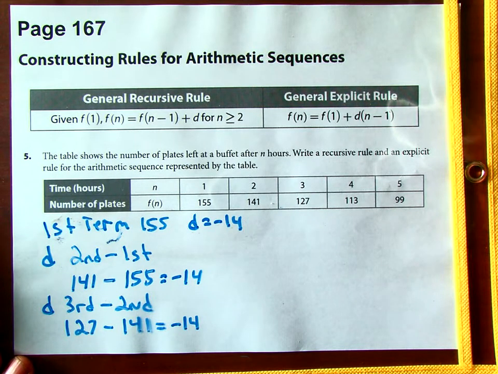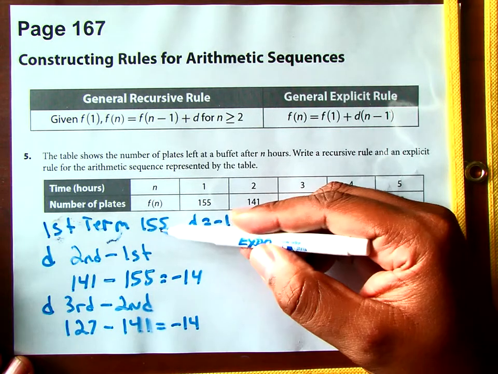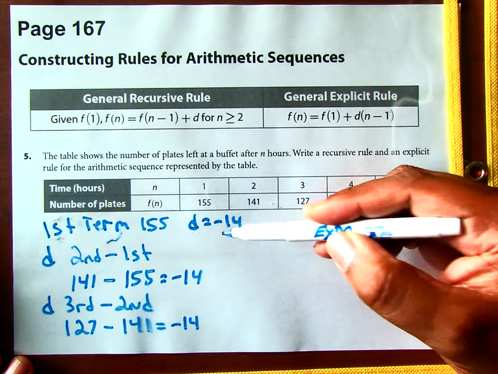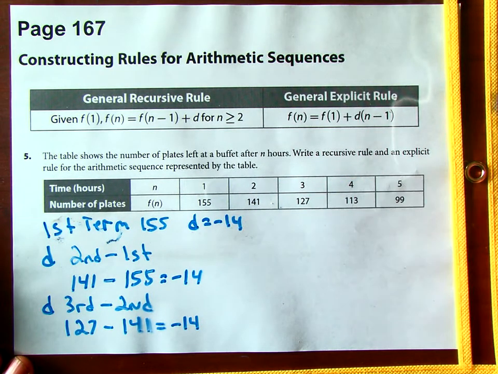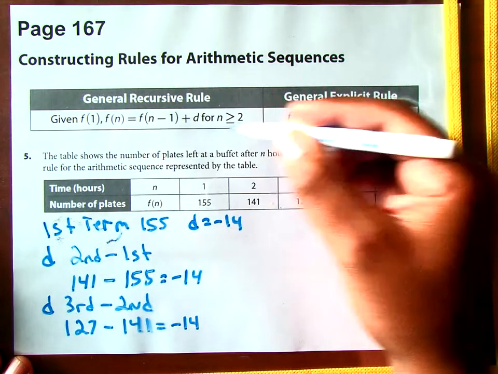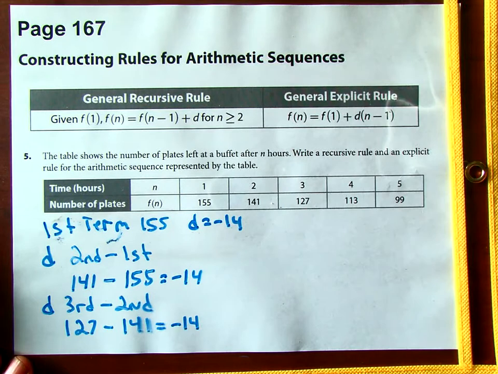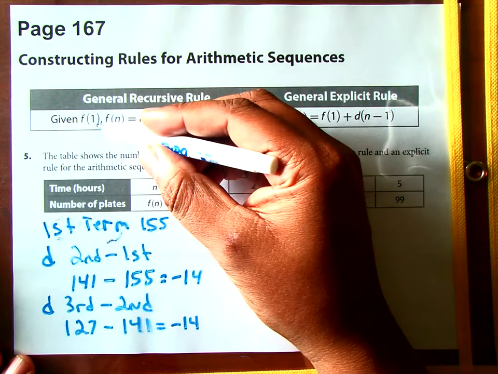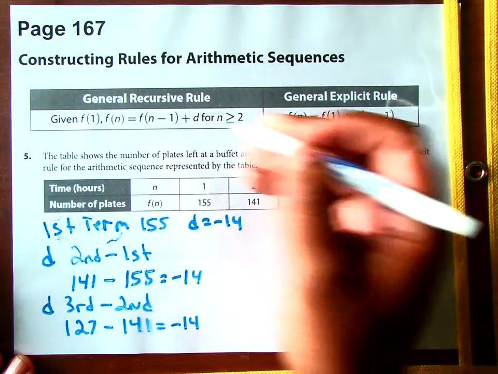So now we've got the two things we need: the first term and the common difference. All we're going to have to do here is plug it in where it goes. Okay, right here where it says given f of 1, that's where we're going to do the recursive rule first.